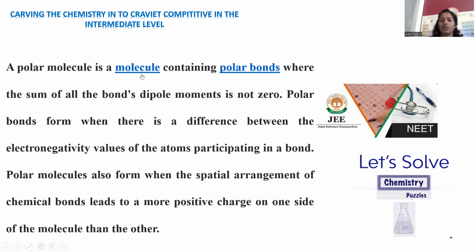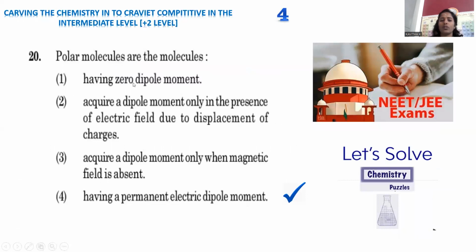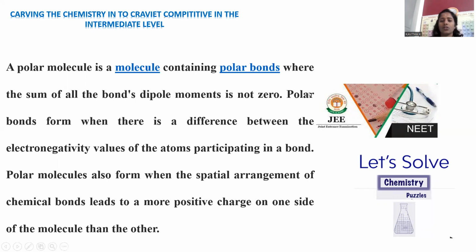A polar molecule is a molecule containing polar bonds, where the sum of all the bond dipole moments is not zero. So a certain dipole moment will be there. A dipole moment of zero is not suitable for this question. Polar bonds form where there is a difference in electronegativity. If two bonding atoms have different electronegativity, then displacement of electrons towards one end is possible, so we will get polarity.